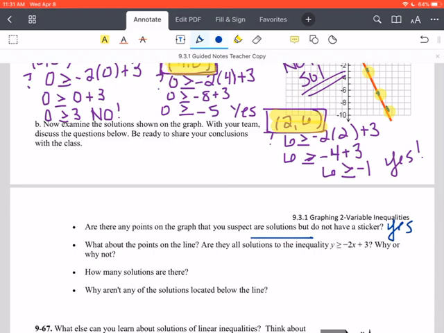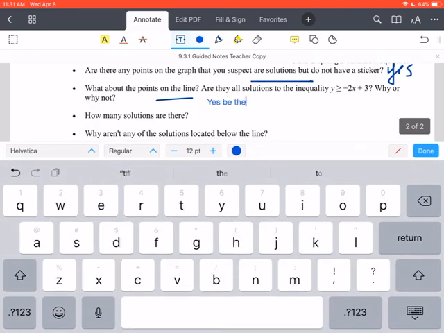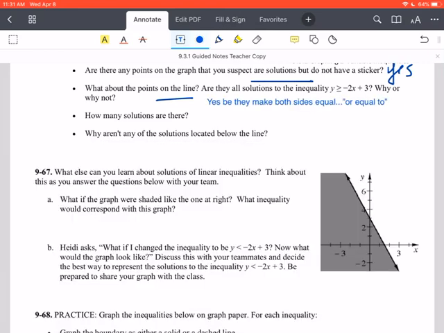What about the points on the line? Are they solutions to the inequality? We said yes, they are, because they make both sides equal, which is going to satisfy the what? The "or equal to" component of the inequality. Okay, so ultimately, how many solutions are there?